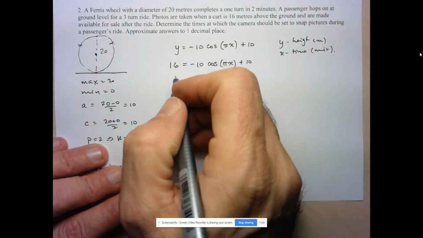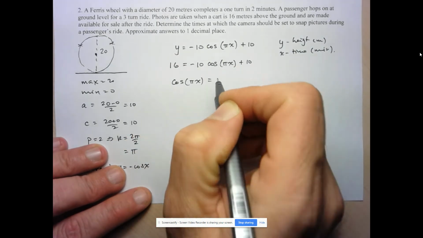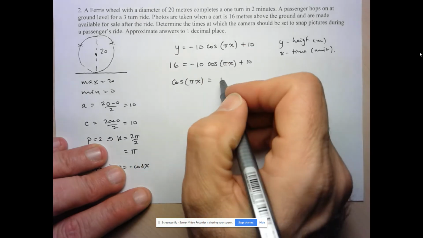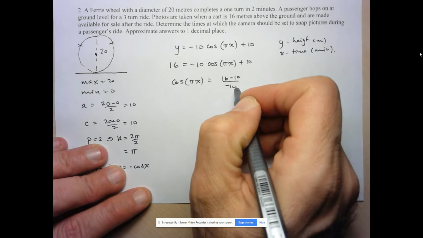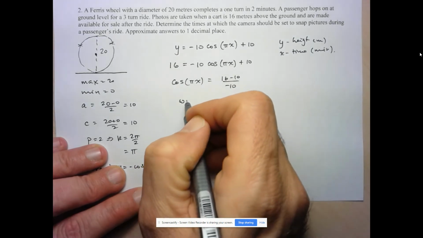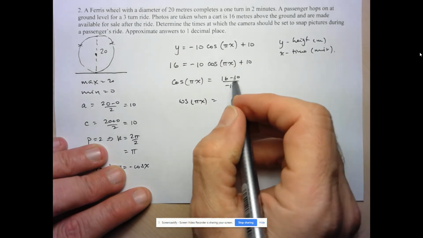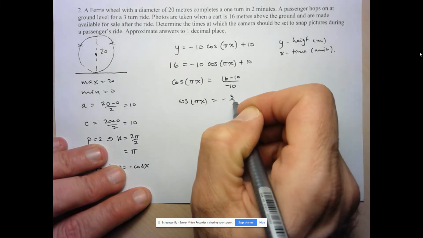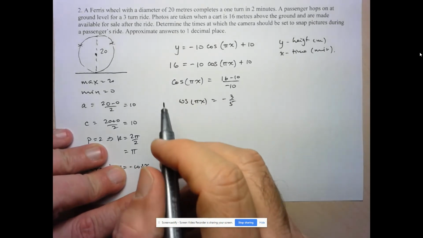The first thing is to isolate cos of pi x. Here we'll bring the 10 to the other side, so 16 minus 10, and then divide by negative 10. So we have here that cos pi x is equal to 6 over negative 10, which is negative 3 over 5. From this point, we're going to solve it exactly the same way.